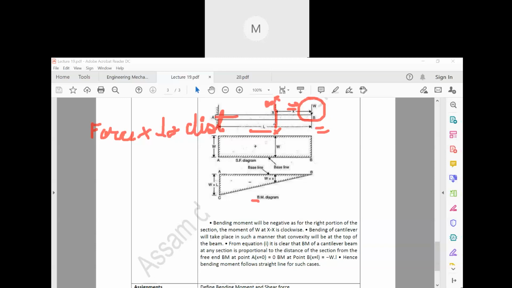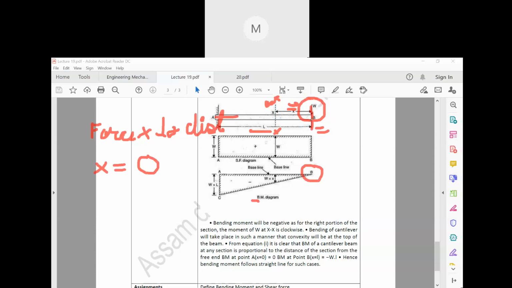Now if you pull this section to here, then X is equal to 0. So if it is 0, then obviously the bending moment will be 0.